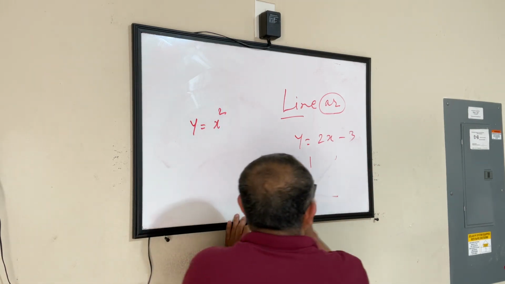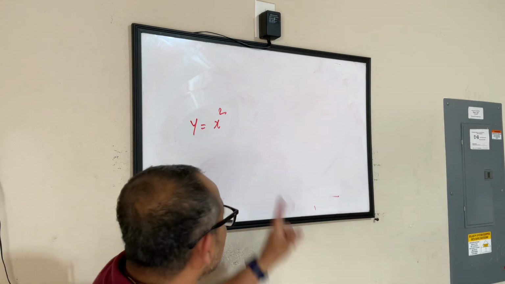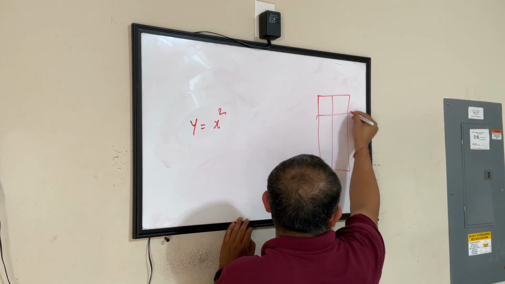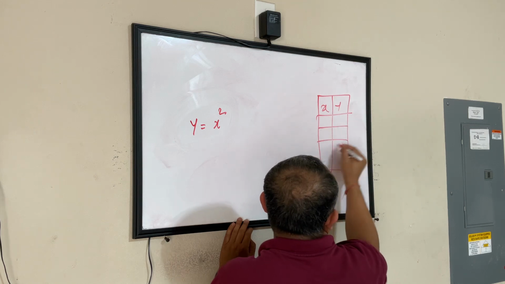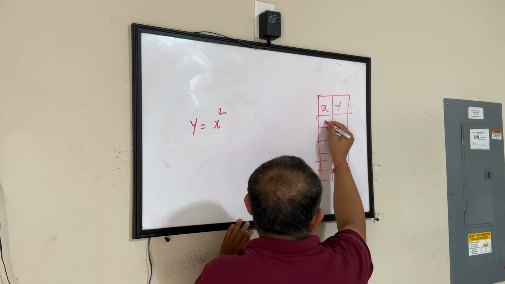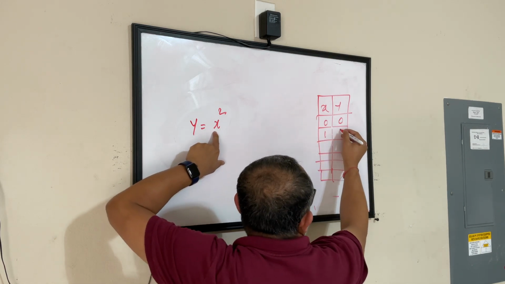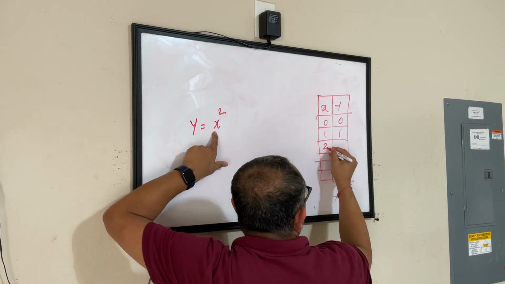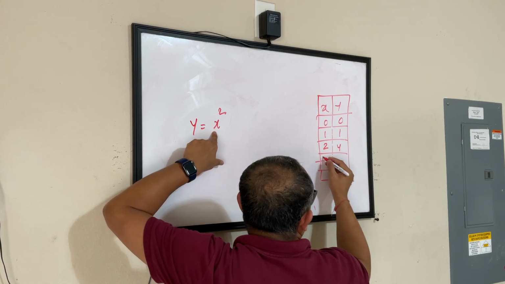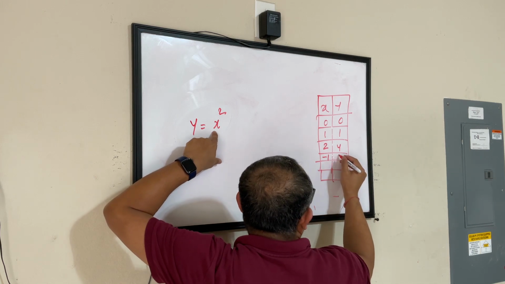So now let's deal with this guy, y equal to x squared. Same thing, it's an equation, right? So there is a dependency relationship, an agreement between x and y. Let's see how y changes for every value of x. When x equal to 0, y is 0. When x equal to 1, y is 1. When x equal to 2, y equals 4. Interestingly, if I put x equal to minus 1, then also I get y equal to 1.